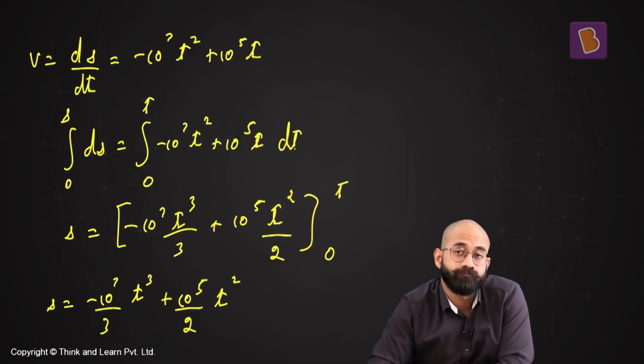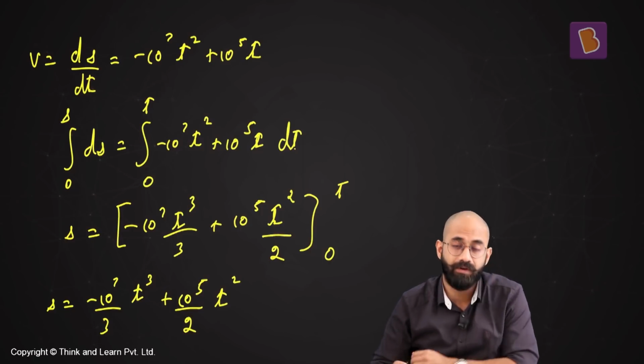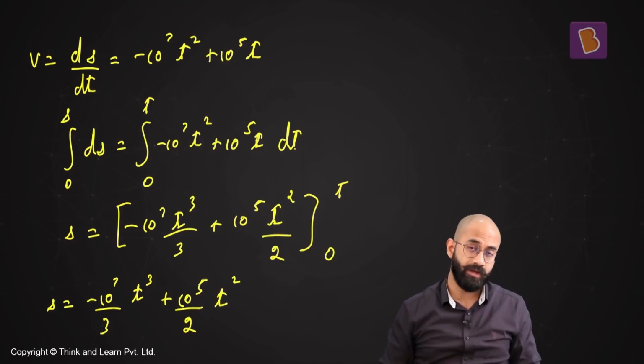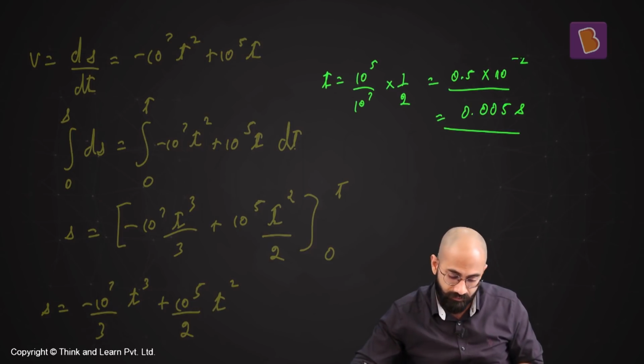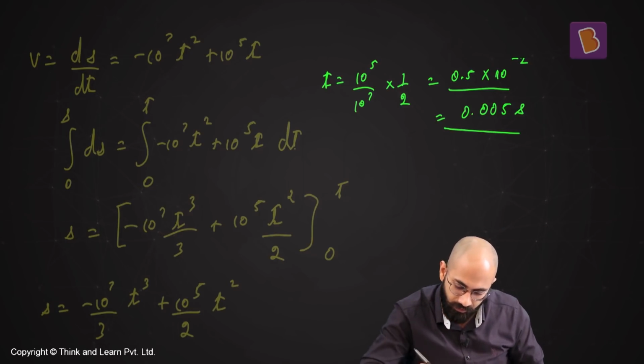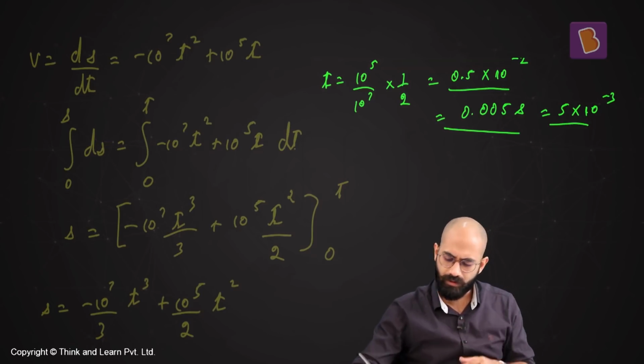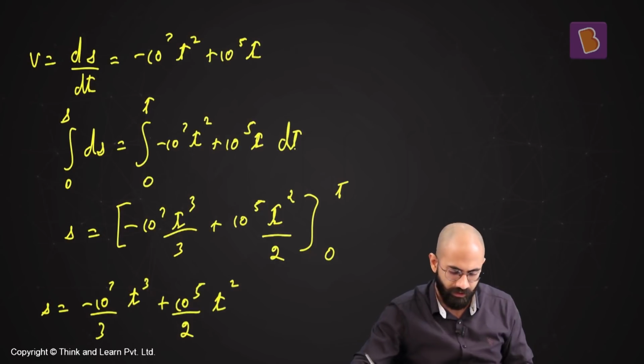Yeah, because if you apply the limits also, you'll get the same value because the lower limit is 0, right? So this is the value, so we have a relationship between s and t. Now what we know is that t is equal to this value, or 5 into 10 power minus 3, this value when the bullet reaches the end of the barrel. So we substitute that over here.